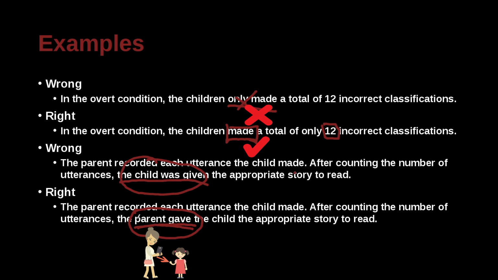Active is always better. We want to show clearly that the subject has a verb. The subject did something, and they did something to something. But this way, the child was given something, kind of goes backwards. Very hard to understand, and that's called passive. Easy to make a mistake. So try to avoid passive and always try to be active in your writing.